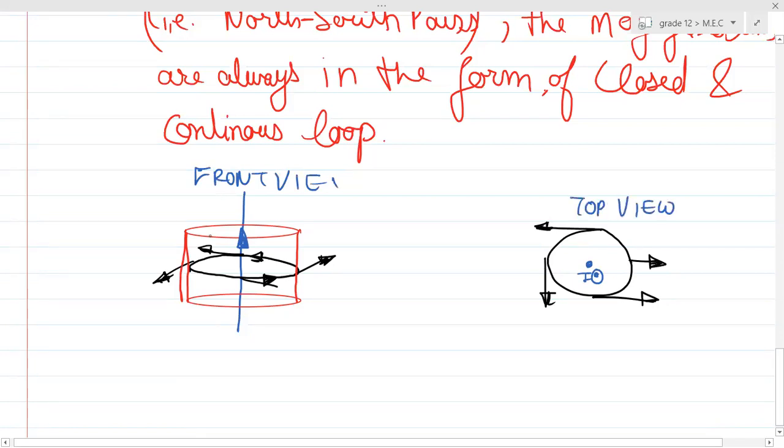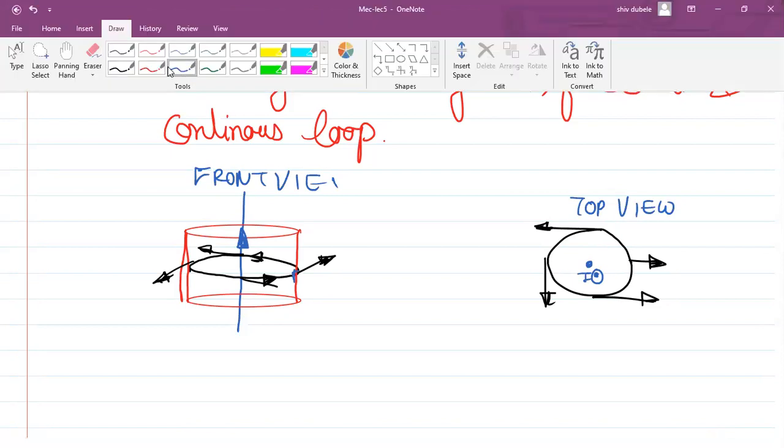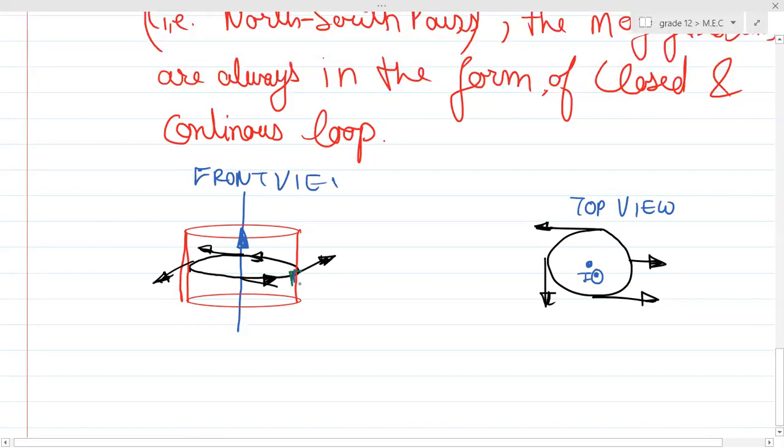Now see this, guys. If I choose an area vector on this surface, let's say any area vector, will the area vector go like this, perpendicular to the surface? Will the area vector over here be in this direction?